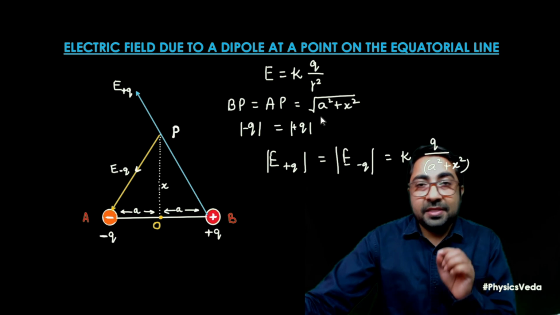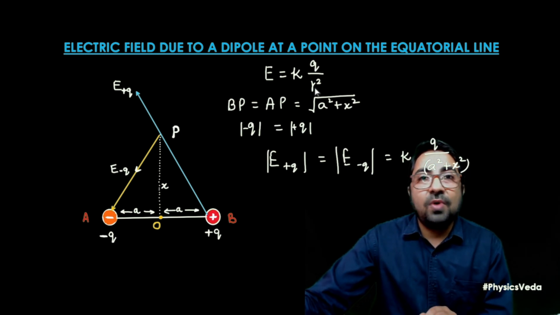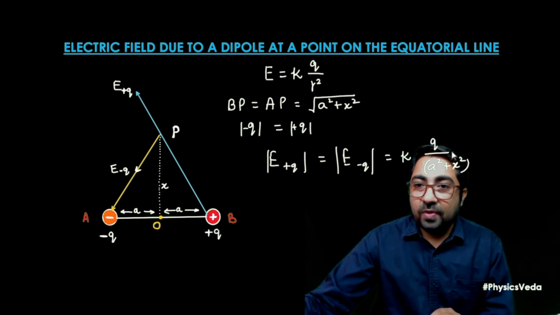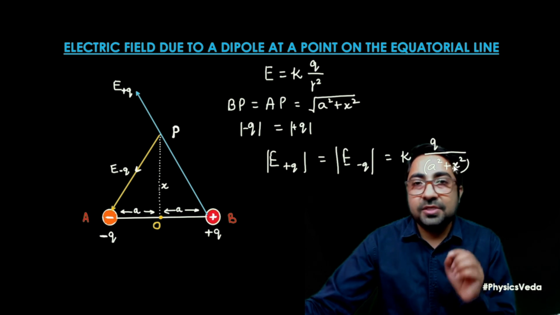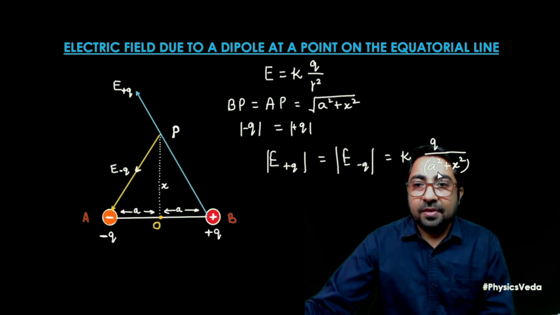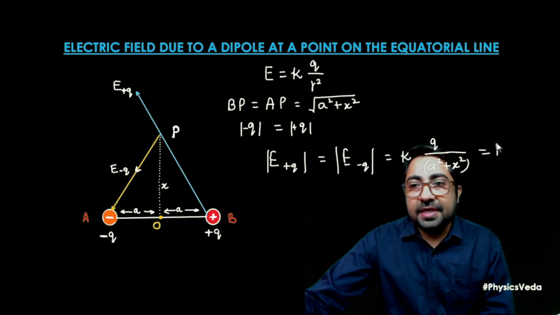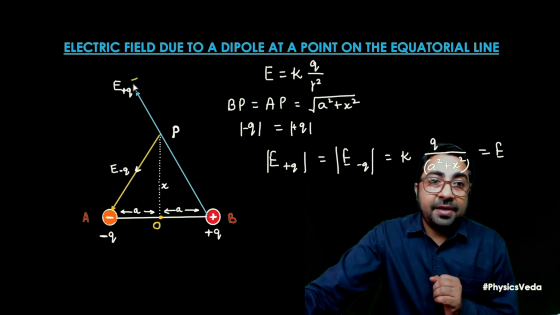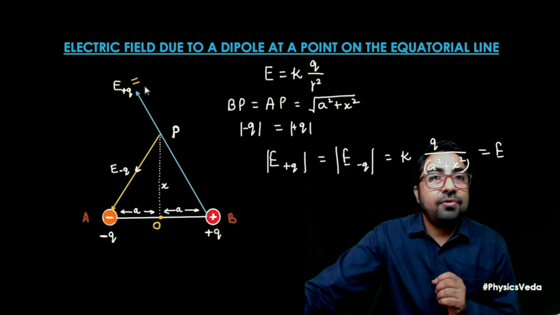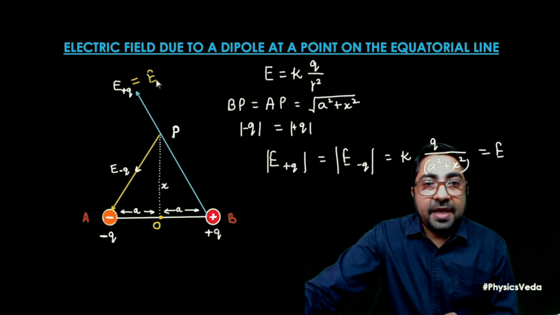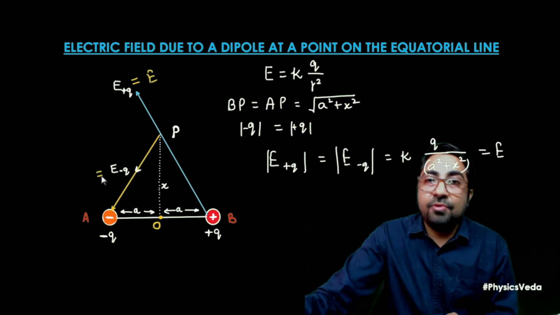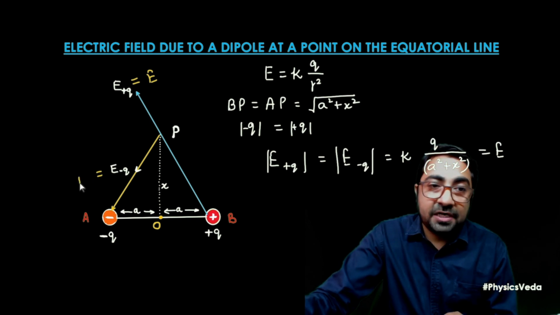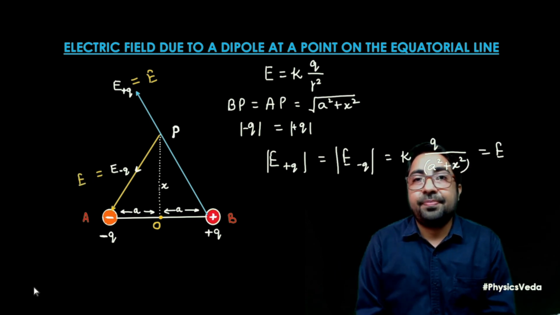Since in the electric field there is KQ upon R square, so square and square root cancel. So let's say this value is E here. So it is clear here that the magnitude of electric field due to positive charge is E, and also the magnitude of electric field due to negative charge is also E here.